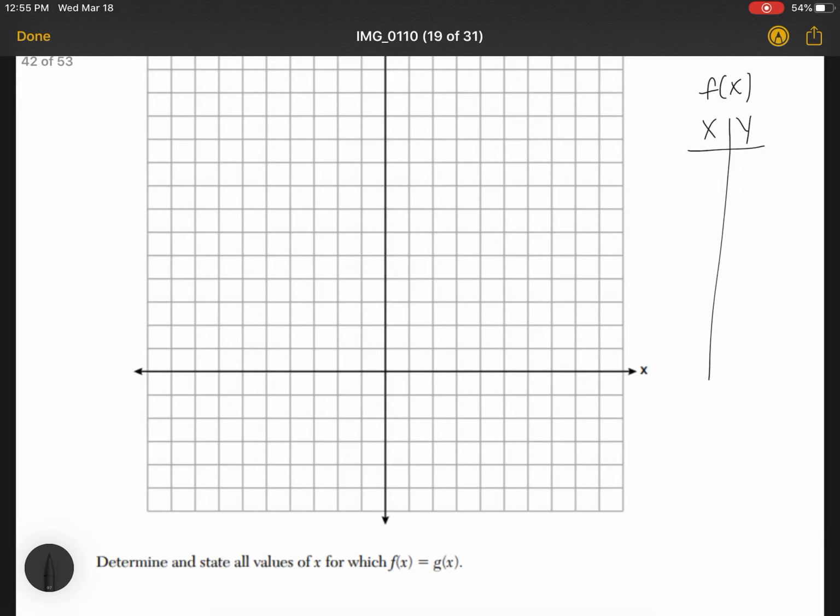So this is going to be the table for that parabola, the 2x squared minus 8x plus 3.